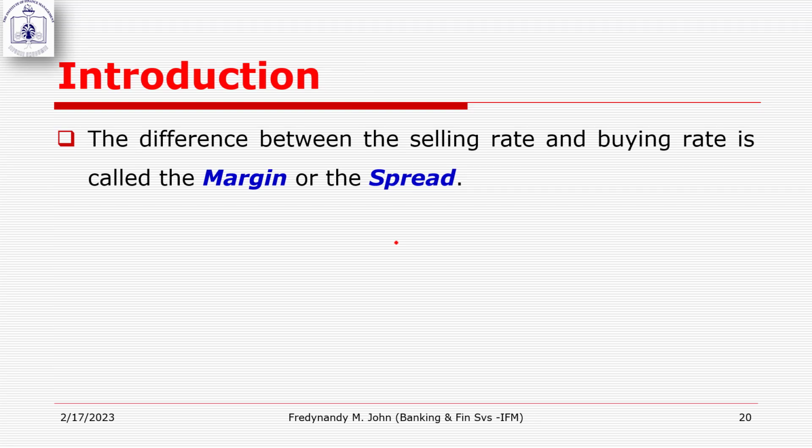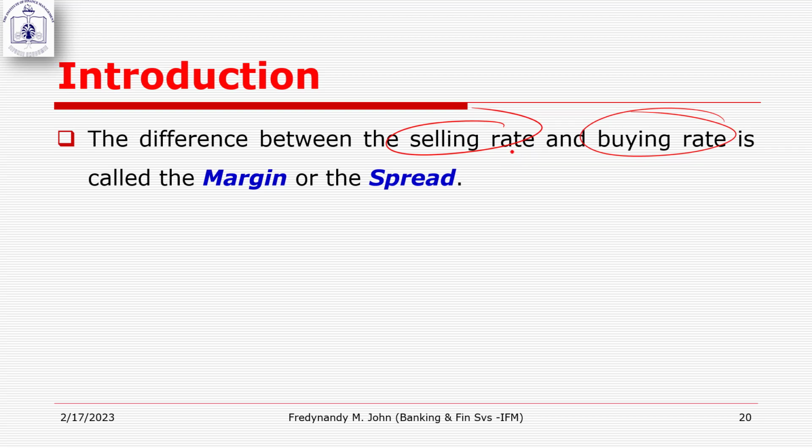Now, how do dealers make profit? The profit that a dealer will make simply means a spread. Spread between what? Spread between those two rates, that is the selling rate and the buying rate.